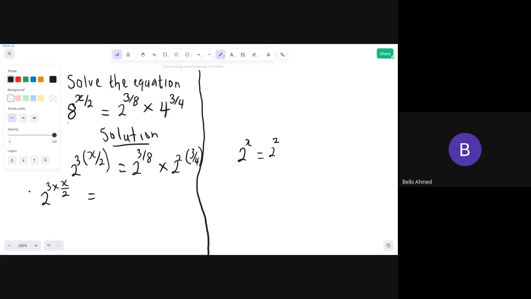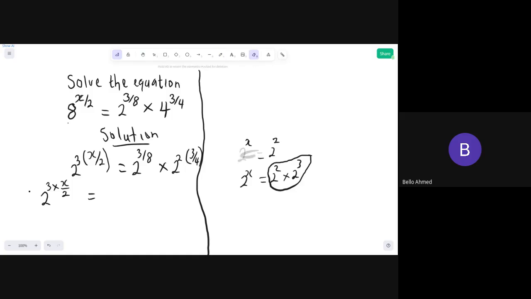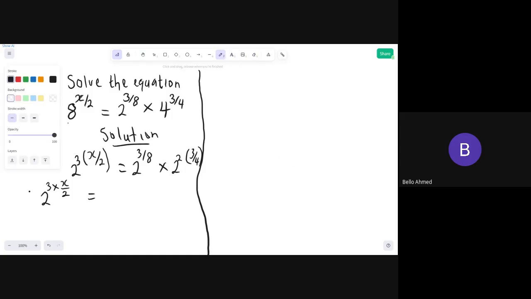Something like this. Not that you're going to be having something multiplying. Maybe you have 2 raised to the power of x equal to 2 raised to the power of 2 times 2 raised to the power of 3. You cannot equate the powers by now. So you have to apply a law that you can see here to make sure that it has a single base. So that is what I mean by make sure that you have a single base before you equate the powers. So now let's just move on.